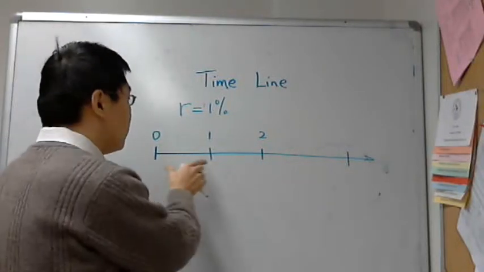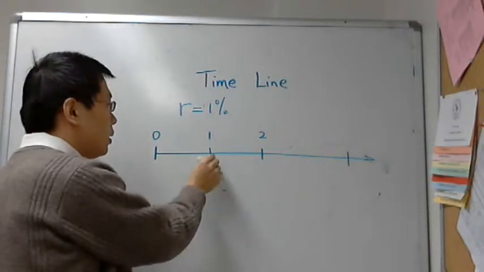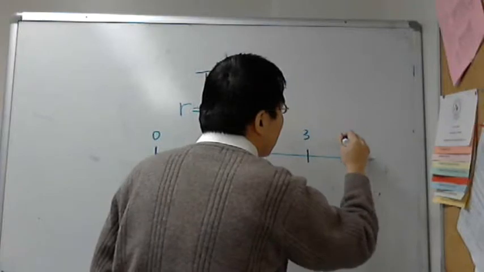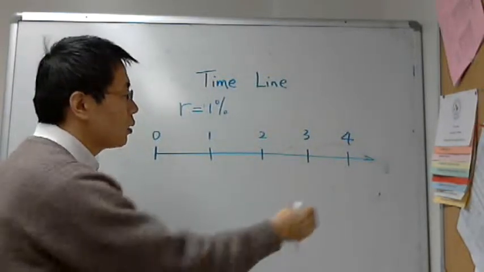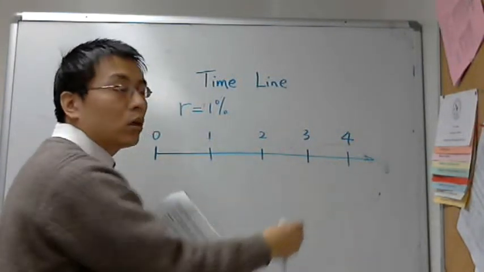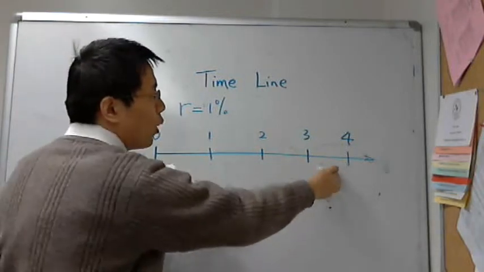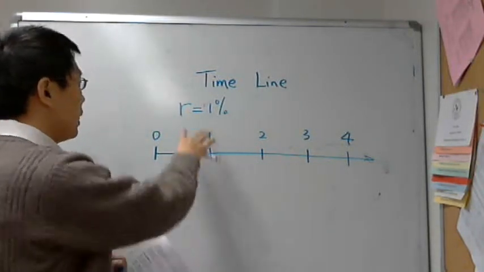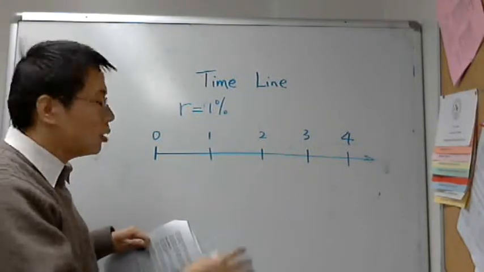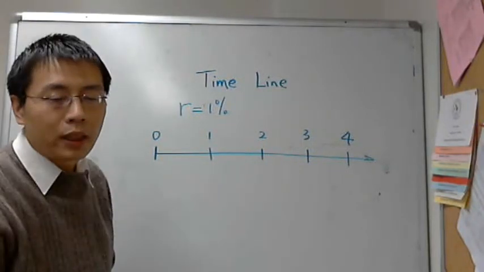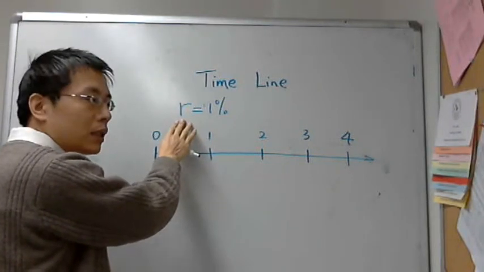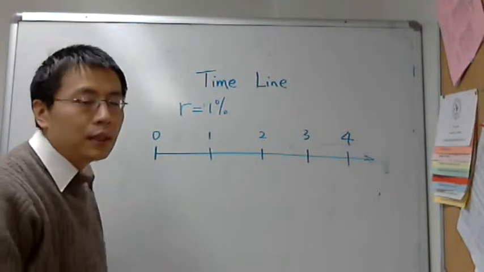So we have present time, the first quarter, the second quarter, the third quarter, and the last quarter. So this is a 4-quarter investment, one year investment period. Now as I mentioned, the quarterly interest rate is 1%. So we write down the interest rate per period equals 1%.